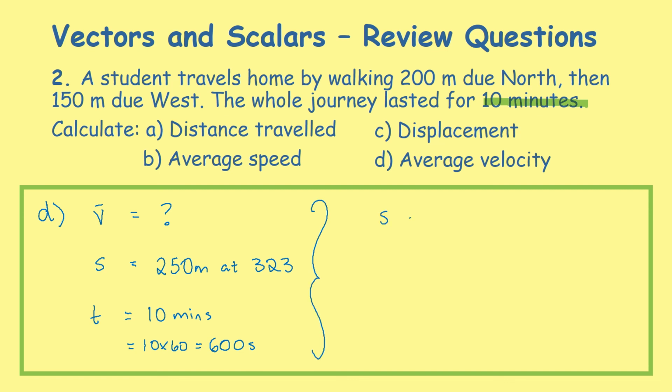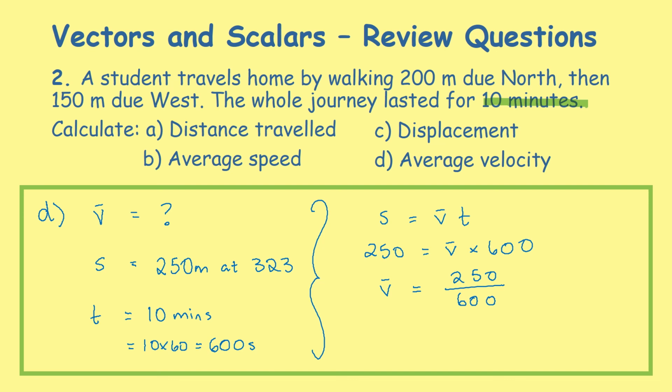Using our equation, s equals v bar t, we want to pop our numbers in, so 250 equals v bar times 600. Rearranging this, we get our average velocity equals 250 divided by 600.